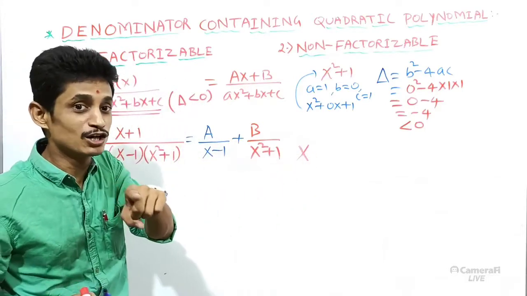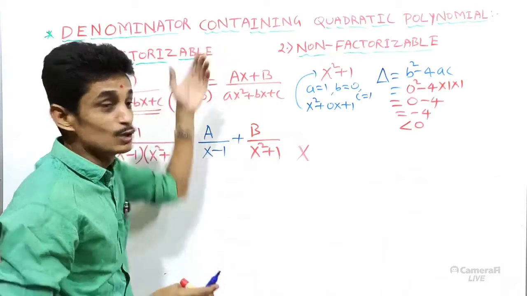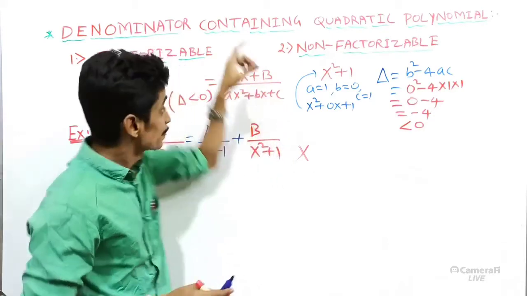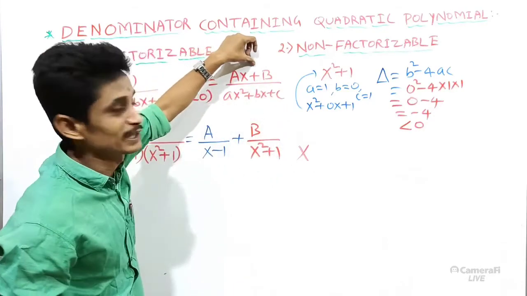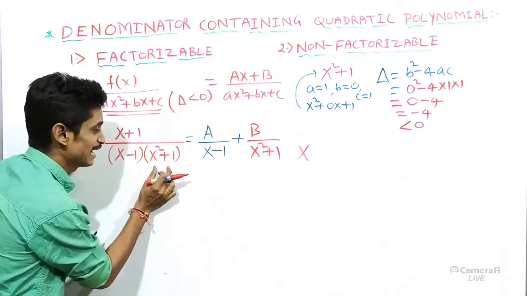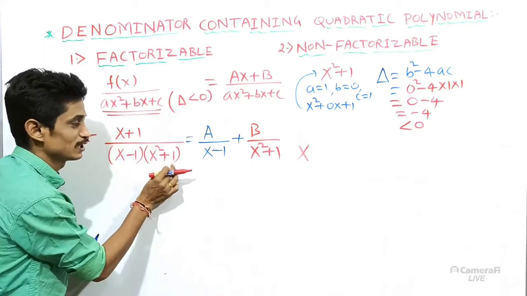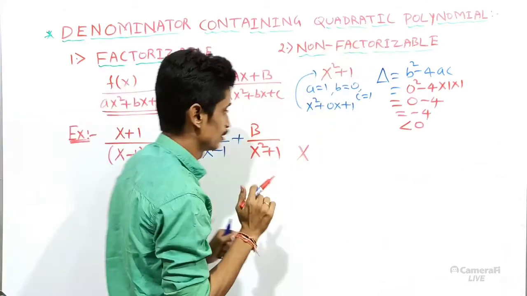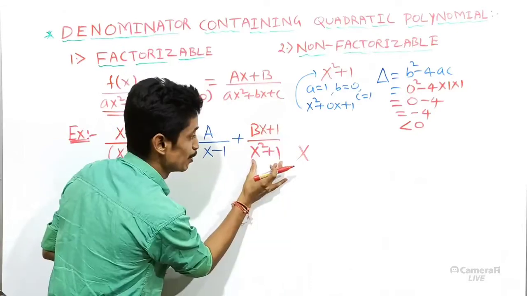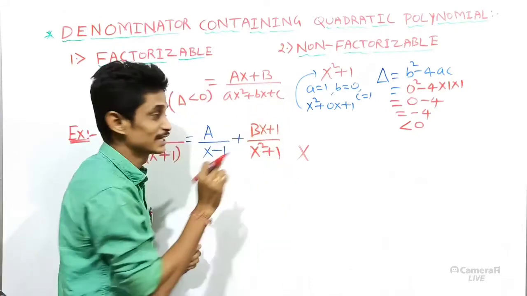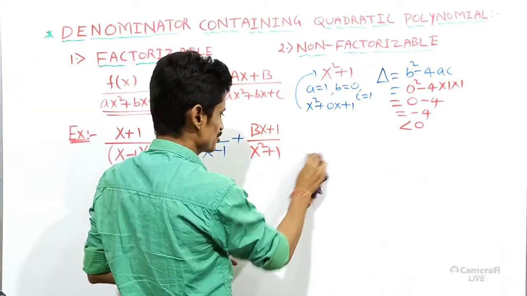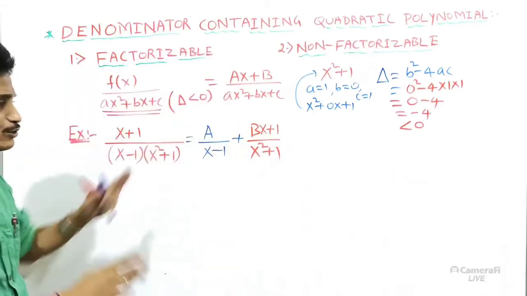Whenever you have a quadratic polynomial in the denominator, you write in the numerator part ax plus b form. So I have x square plus 1, a non-factorizable form. So how can I write? That is bx plus c above the factor, in the numerator part. It's clear?